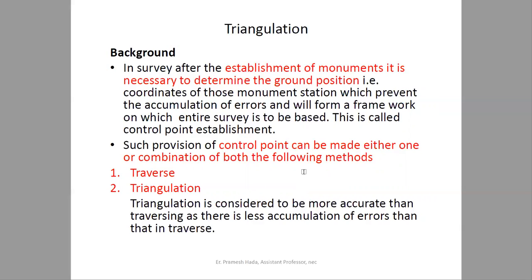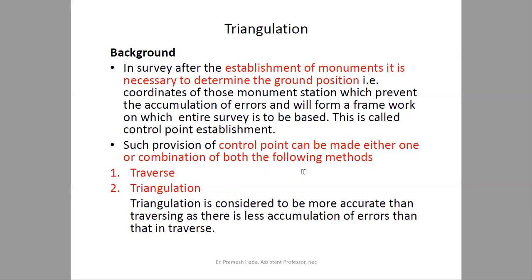Suppose we have any monuments, then we have to determine their ground position. And why is it required, what's its purpose? It is only required to prevent the accumulation of error if the entire survey is to be made.